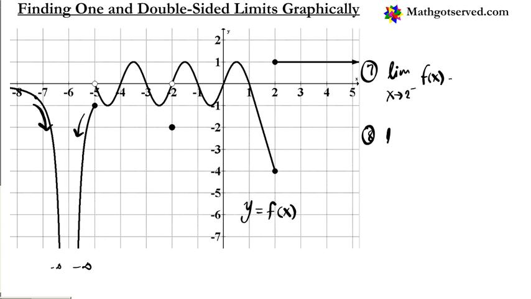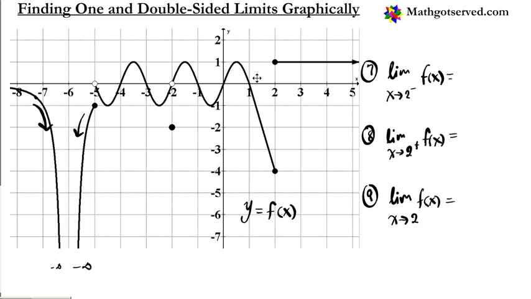Number 8, we're going to try and find the limit as x approaches 2 from the right. And then number 9, we're going to attempt to find a double-sided limit. Limit as x approaches 2, no sign means double-sided, okay?